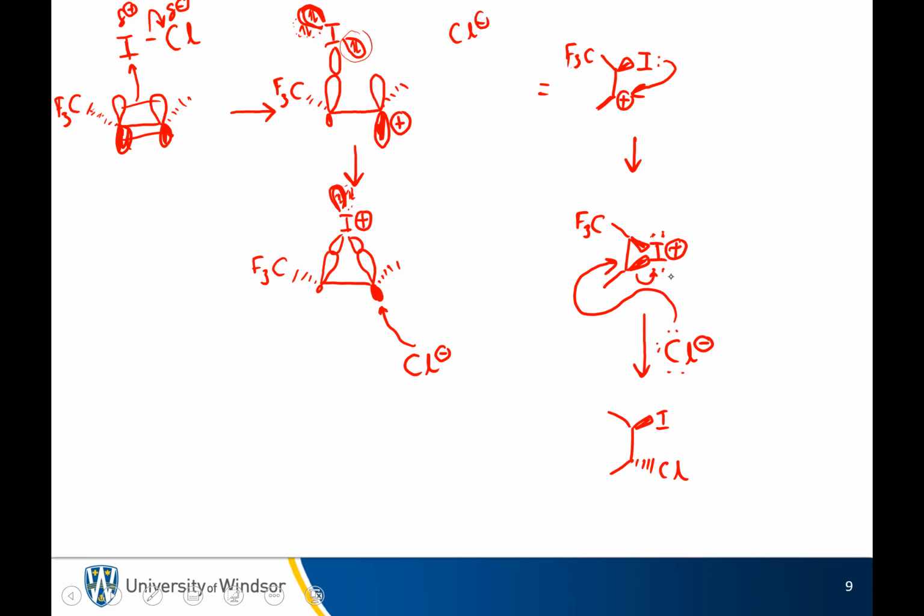It just donated some electrons to make a new carbon-iodine bond. And you can think of it as kind of donating into both this one and this one. I guess they're both covalent, but they're both kind of weak because they're kind of spring-loaded. They're ready to open, both because it's a 3-membered ring, which is bad, and because the iodine is formally positive, which is bad.